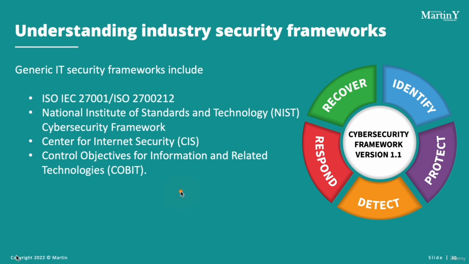And finally, there is the COBIT framework, from the Information Systems Audit and Control Association. COBIT is about identifying and mitigating technical risks in IT systems, but it also covers the business risks related to IT and the release of those risks.